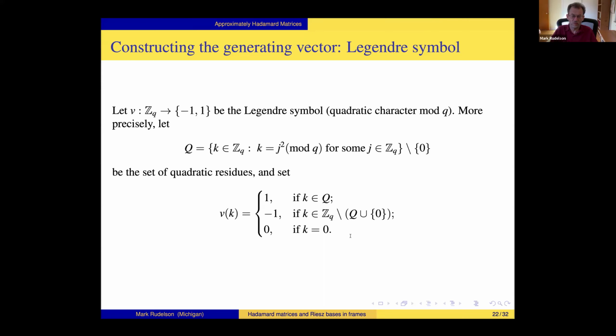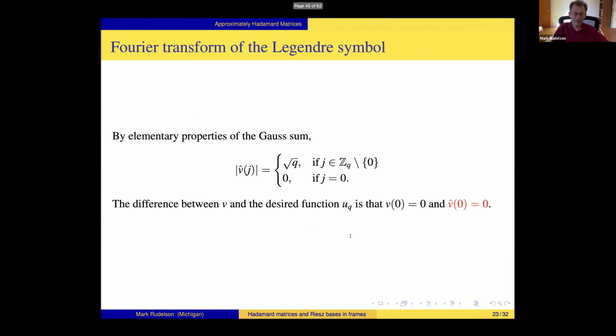This is a very well-known function in number theory. It was studied from the late 18th century. And its Fourier transform is defined by a Gauss sum, and it has a constant absolute value square root of q everywhere except at 0.